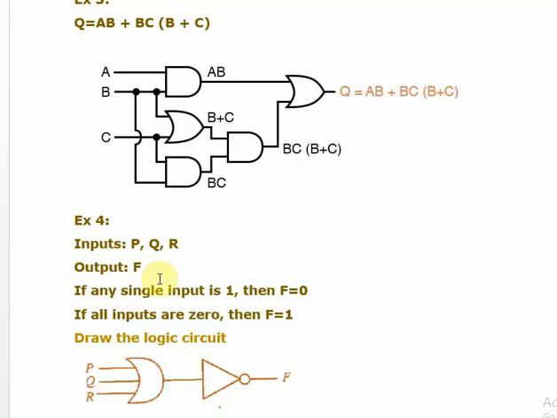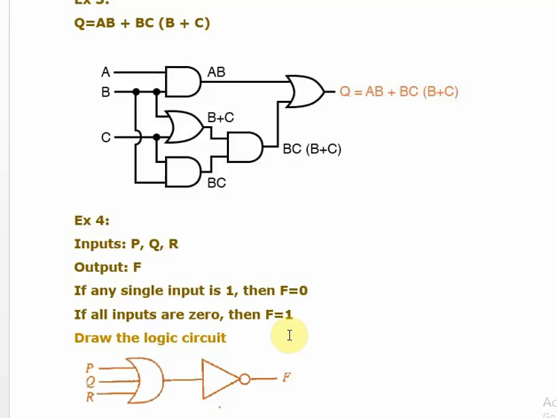Why? Because we can easily see here, next hint is given, if all inputs are 0, then F is 1. All inputs are 0. In the OR gate, if all inputs are 1, you will be definitely getting 1. All inputs are 1, all inputs are 0, it will be 0. But if NOT gate is placed, you will be getting 1.